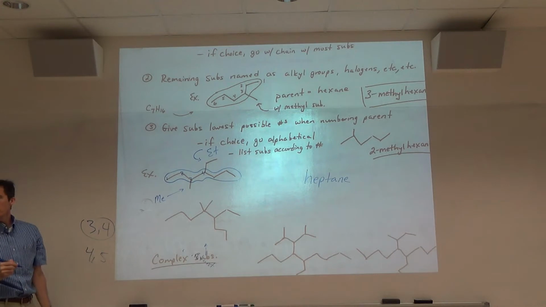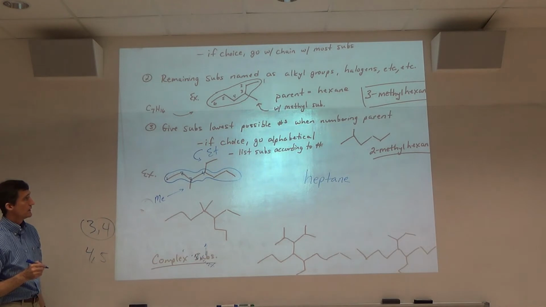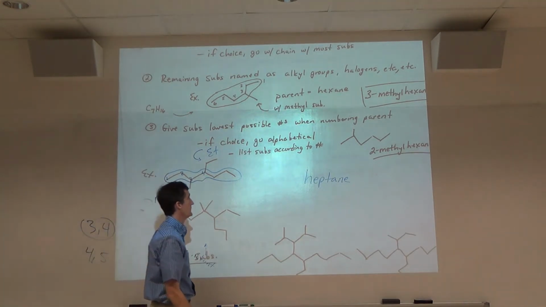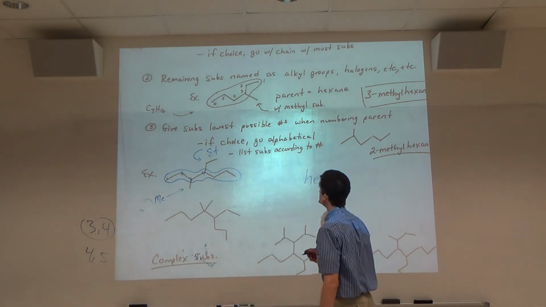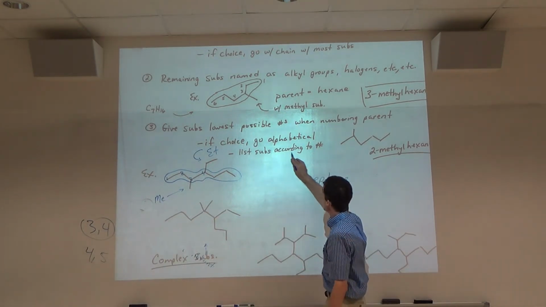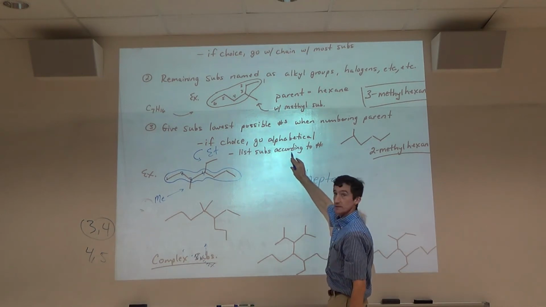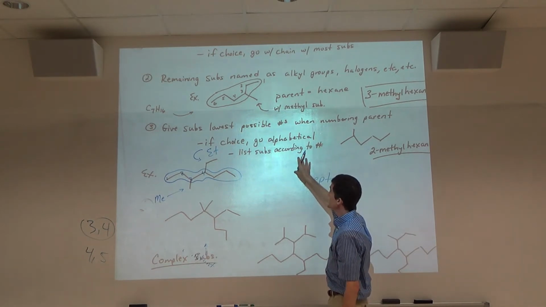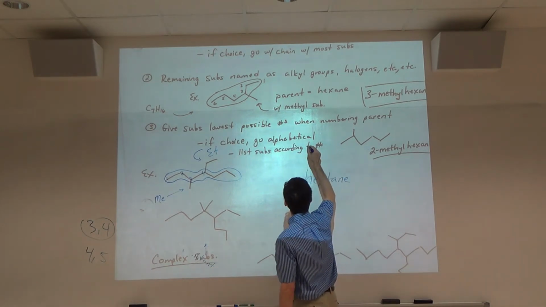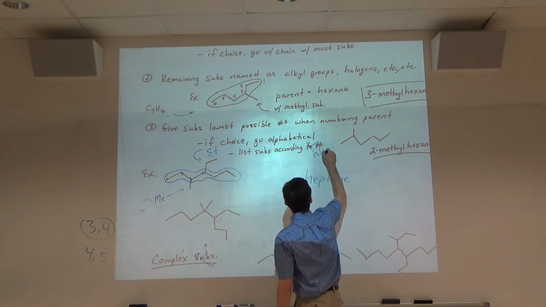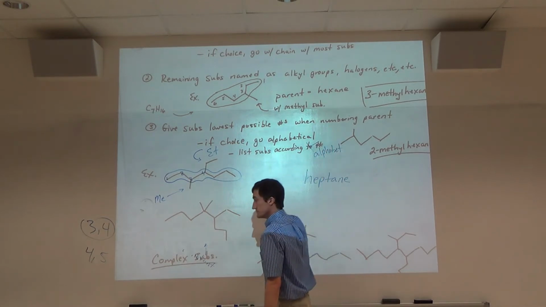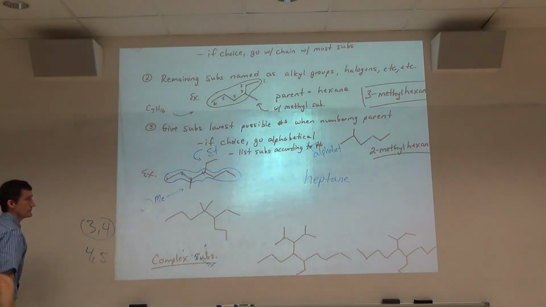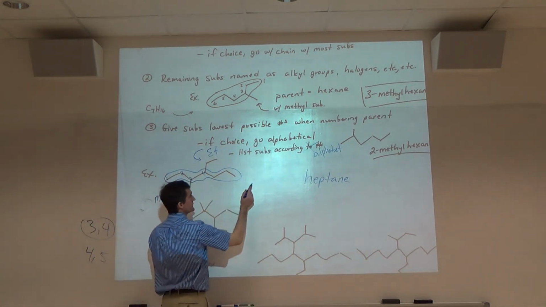Now when you list your subs, you just list them in alphabetical order. I see that this is wrong. I must have been distracted when I added this last time, and I didn't remove it. According to alphabet, what do we want to list first?